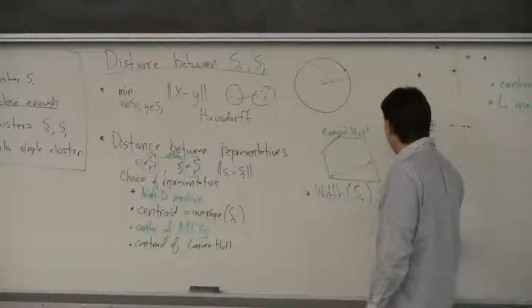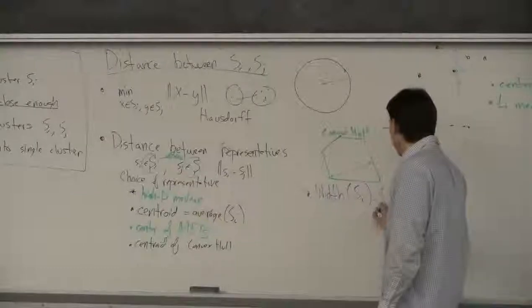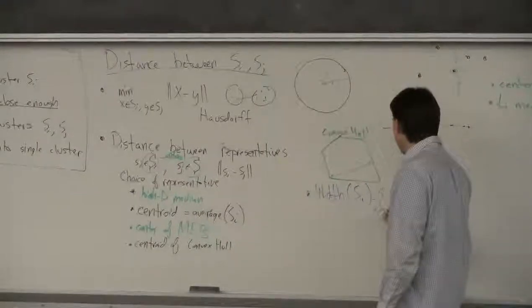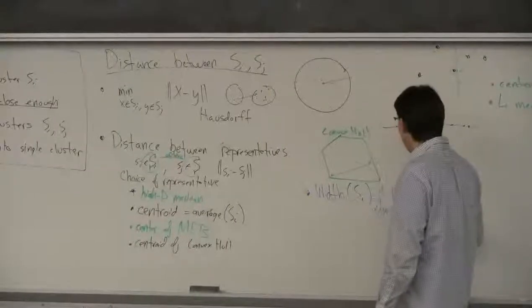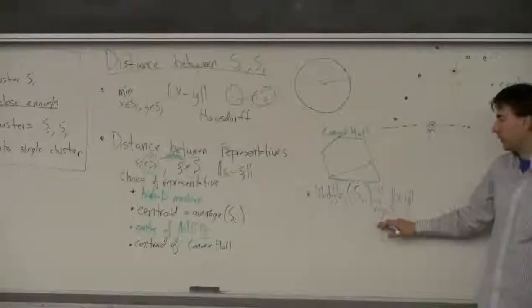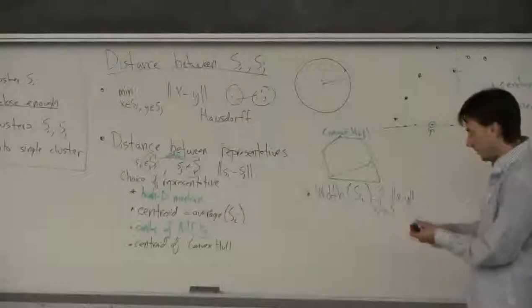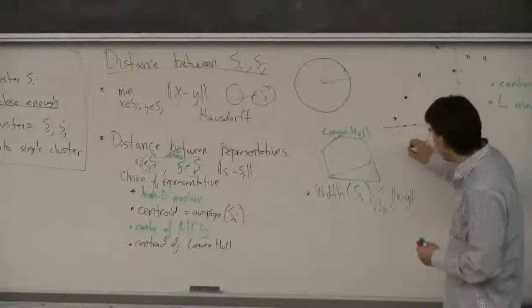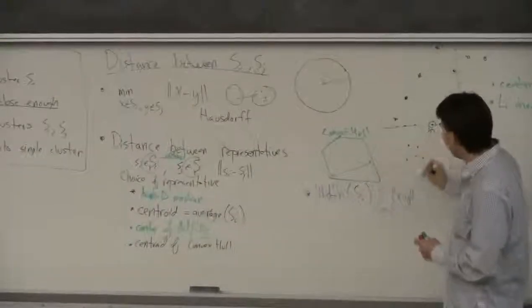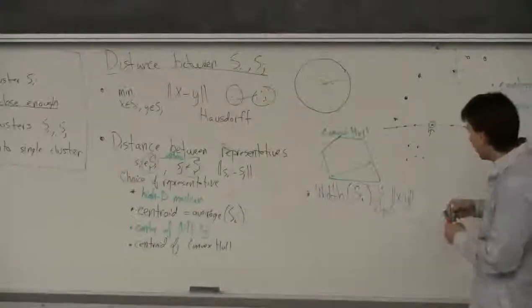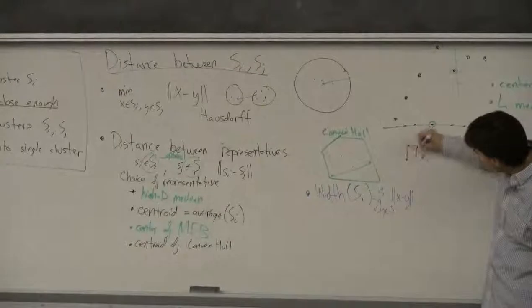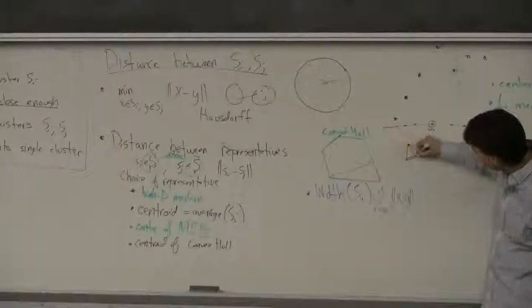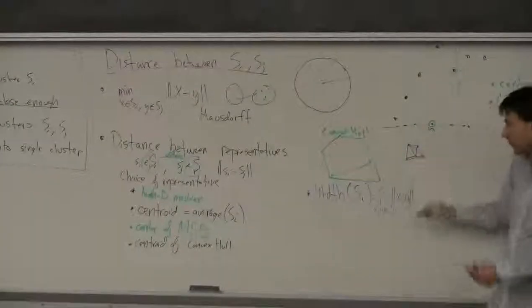One way of defining this is, for x and y in S, the sum of all pairwise distances in this set. So if I had a point set here, and this was my cluster, I would look at all pairs of points, and I would add up all of these distances, and this is the width.